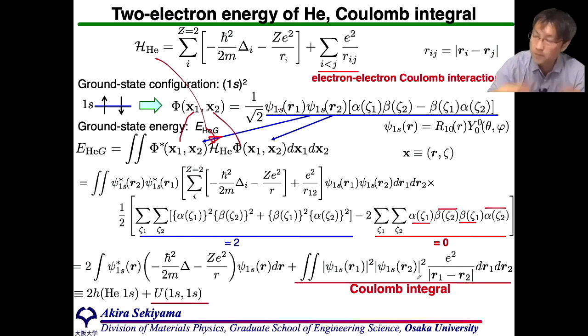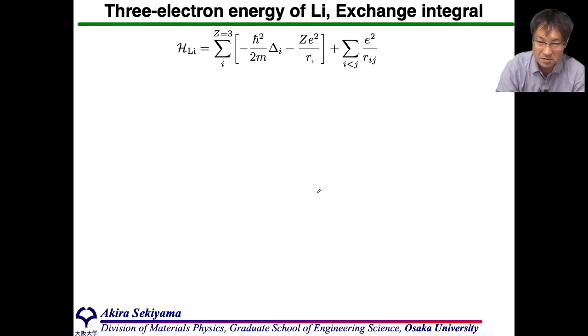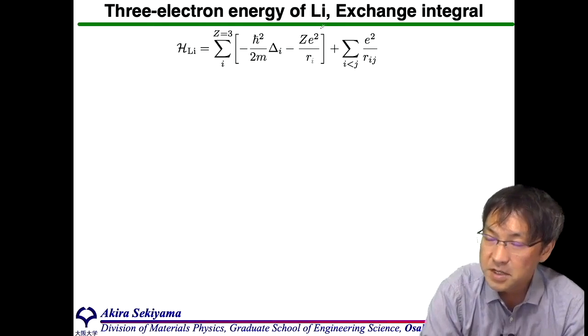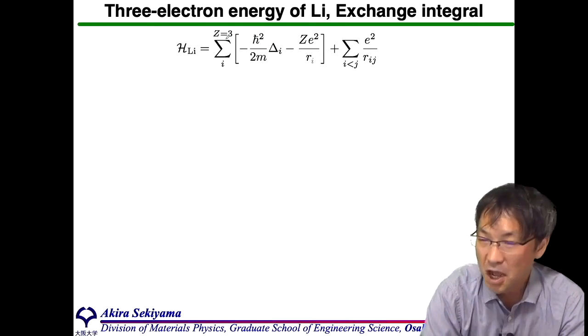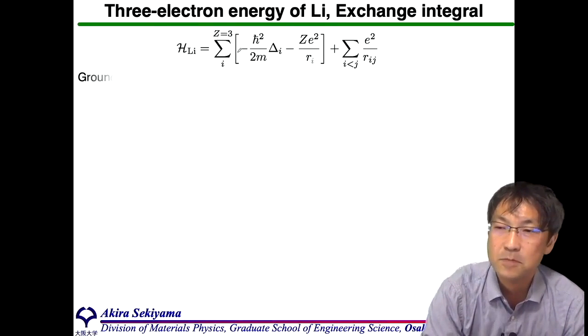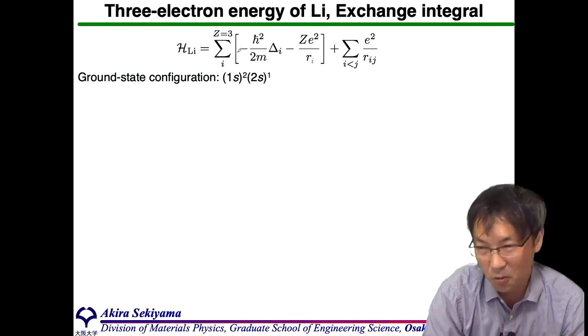But to fully understand the electron-electron interaction, another term is required. I introduce exchange interaction by using the lithium atom. The number of electrons of the lithium atom is 3. Then we consider the ground state configuration.